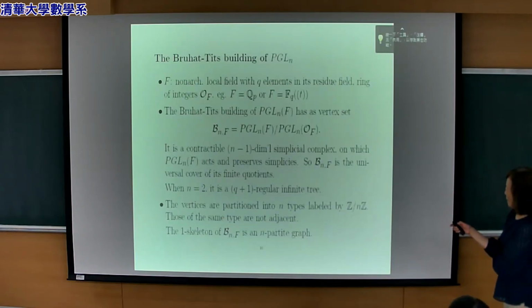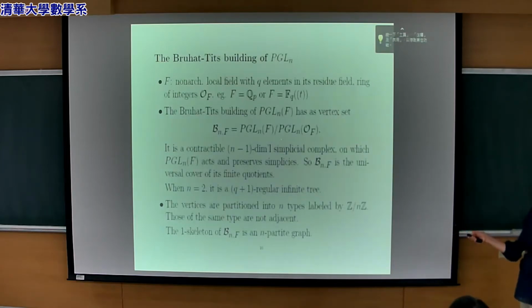Then you will find out that this building is actually an n-1 dimensional simplicial complex. And it is contractible. And because the vertices can be written in this way, the group PGLn(F) acts on the left-hand side. It preserves all the simplices.